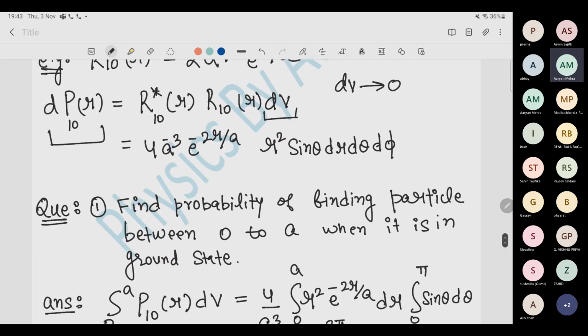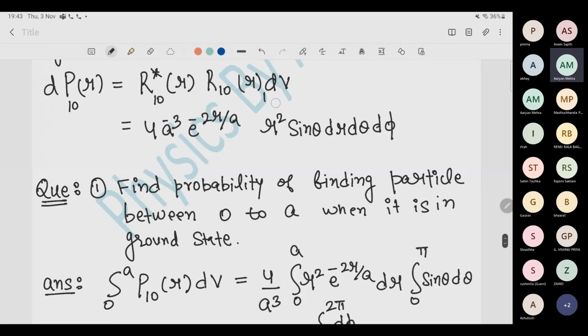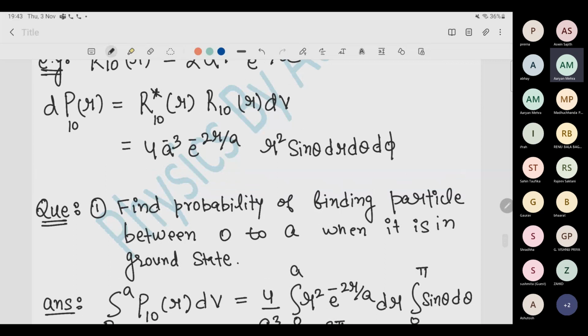But dP means the probability of finding an electron in your small volume dV, and how do you find it? You just do R star multiplied by R. What is R star? R star is the complex conjugate of R. R will always be given to you. You never have to find R in the question. I can assure you of that. So R is given here. You only have to do R star into R.